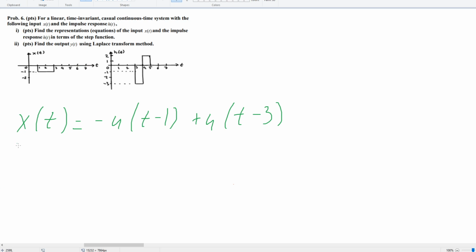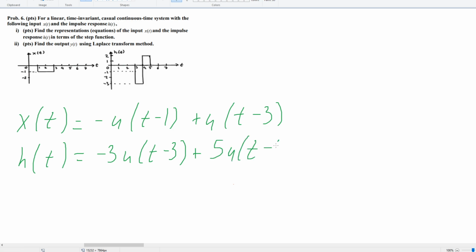And then we're going to find h of t, which is equal to negative 3 u of t minus 3. Plus, I know on his, he does plus 3 u of t minus 4 plus 2 u of t minus 4, but that's basically just saying 5 u of t minus 4.